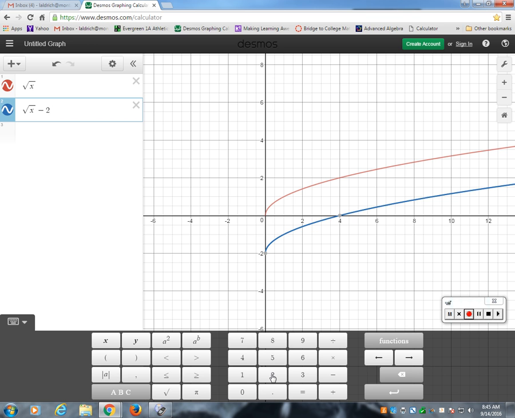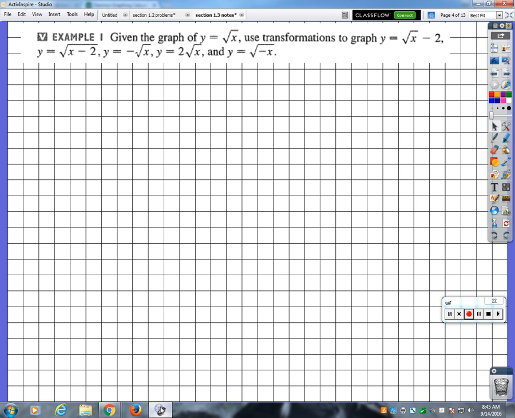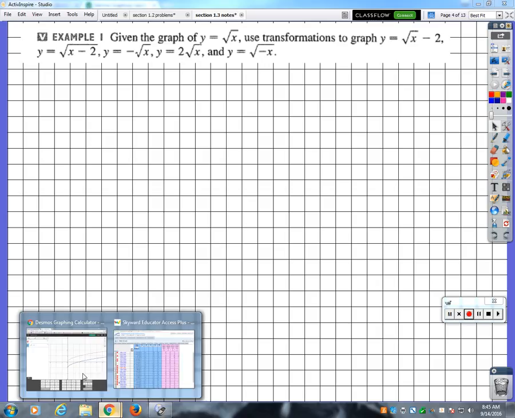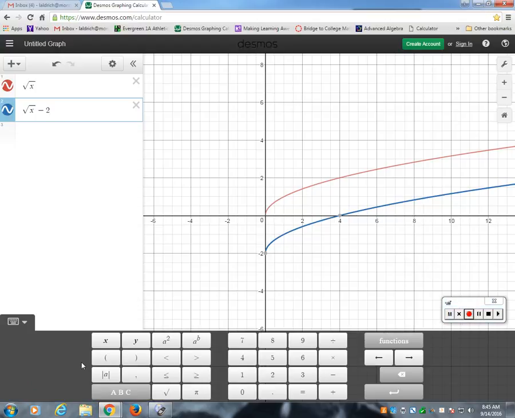That's the red one. If I put the minus 2 inside the square root, what does that do to the graph? Moves it to the right 2.